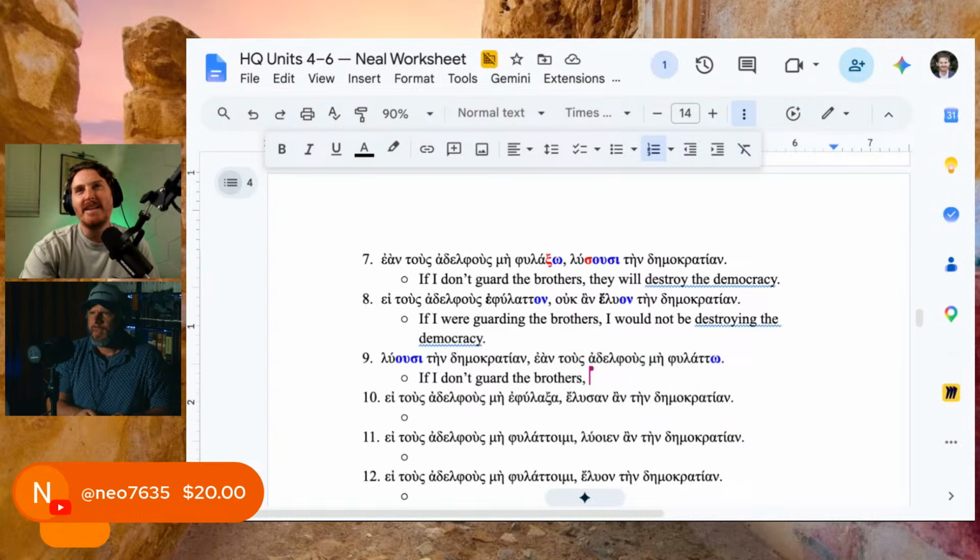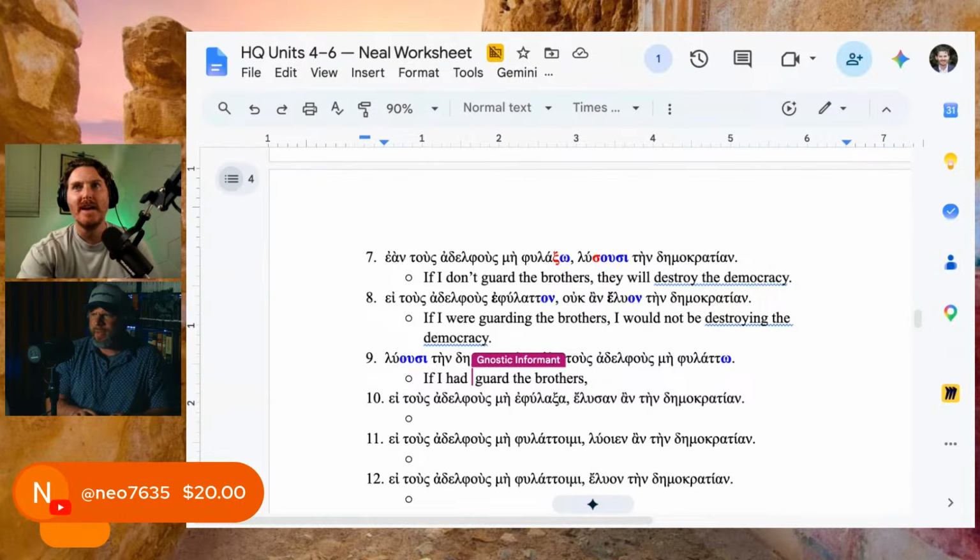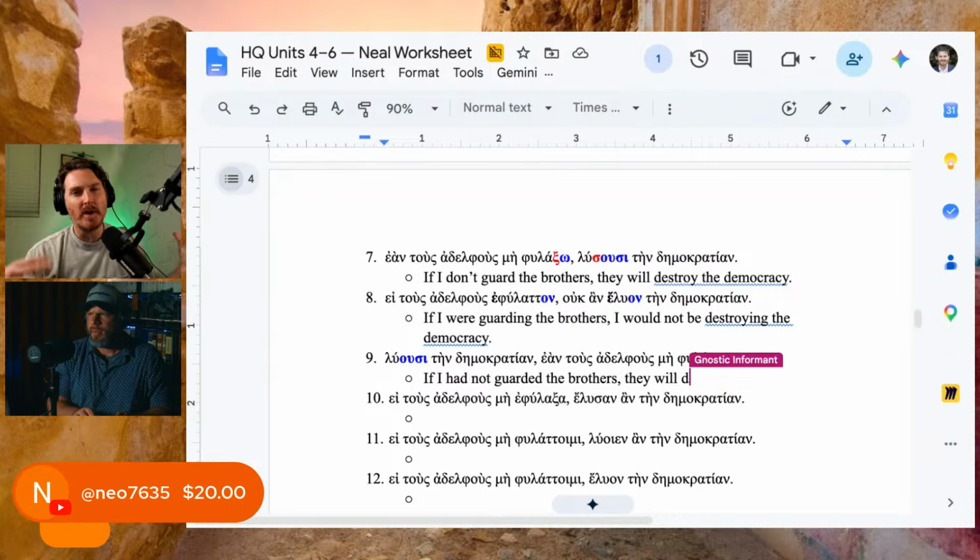if I hadn't guarded, it's subjunctive, remember? So you have to attenuate it a little bit. If I had not guarded the brothers, they will destroy... Well, we're still in the realm of the subjunctive, so we're using the word would.